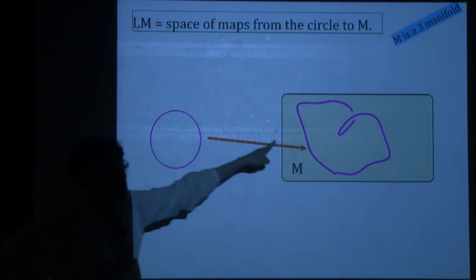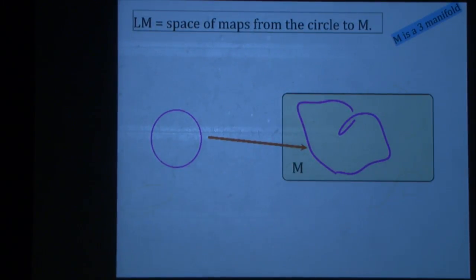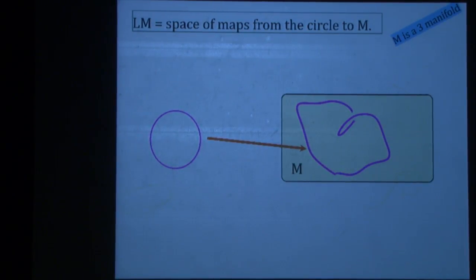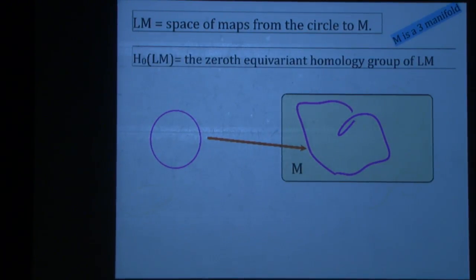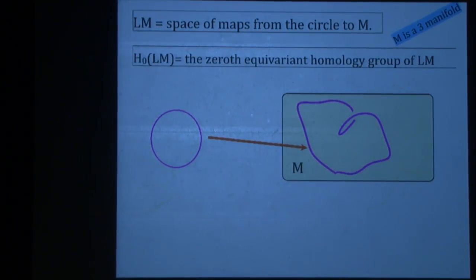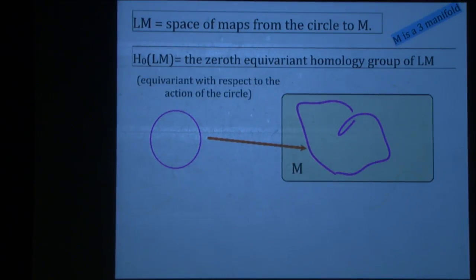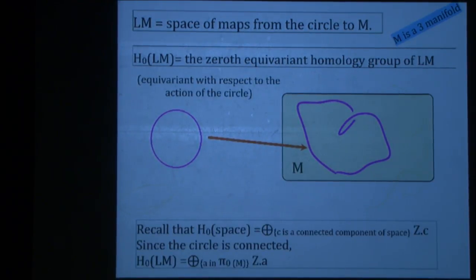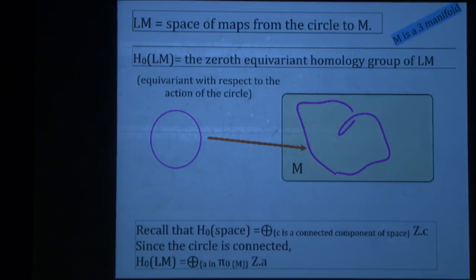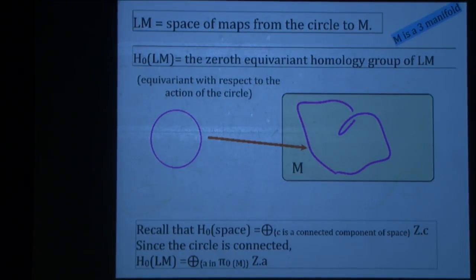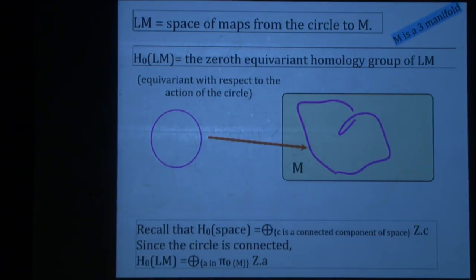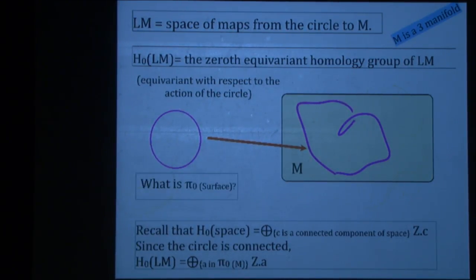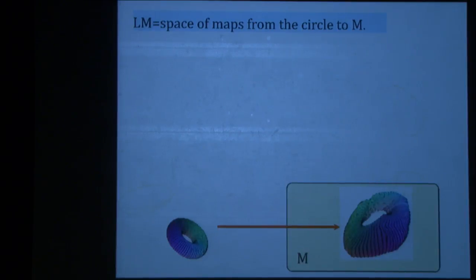This is the loop space, and we take the components of this space, with a natural topology, and we consider linear combinations of these components of the space of maps. So this is the H0 of the space. This is equivalent to homology, but let me not talk about this.